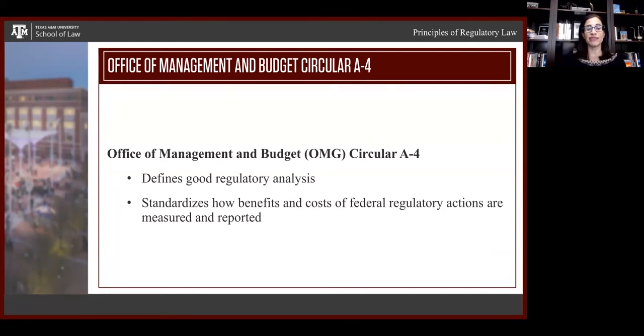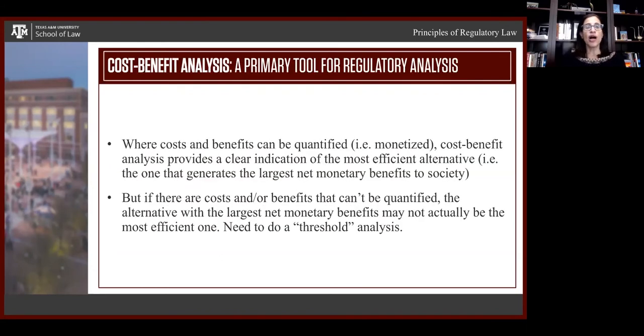It specifically defines what good regulatory analysis is, and it standardizes how benefits and costs of federal regulatory actions should be measured and reported. So cost-benefit analysis is relevant particularly where those costs and benefits can be quantified or monetized, meaning expressed in terms of money.